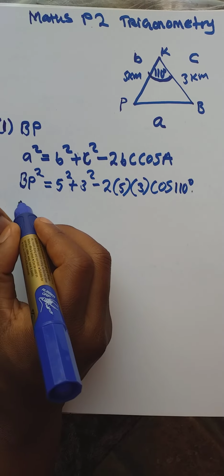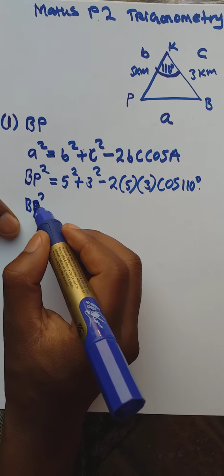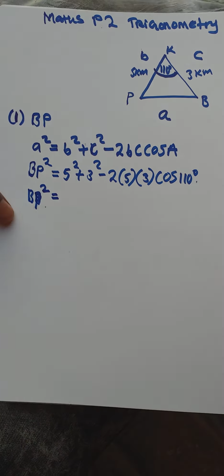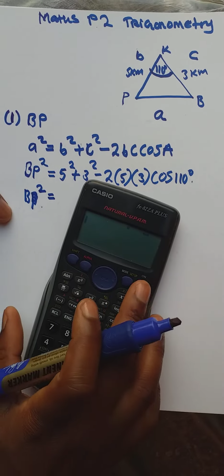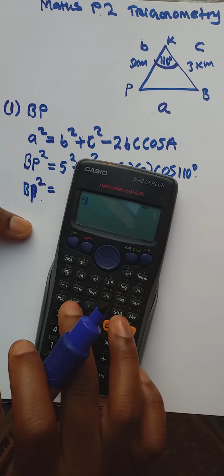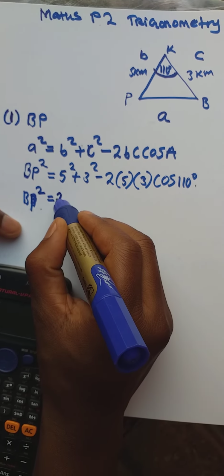Okay, so we continue with our calculations. We say our BP squared will be equal to 5 squared. You can simply do that on your calculator: 5 to the power 2, you get 25.